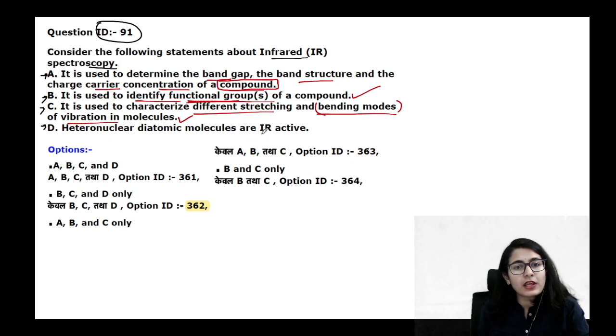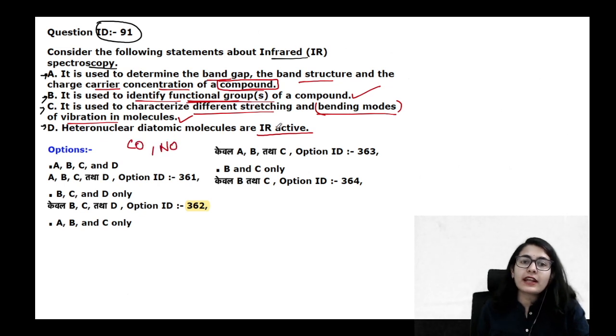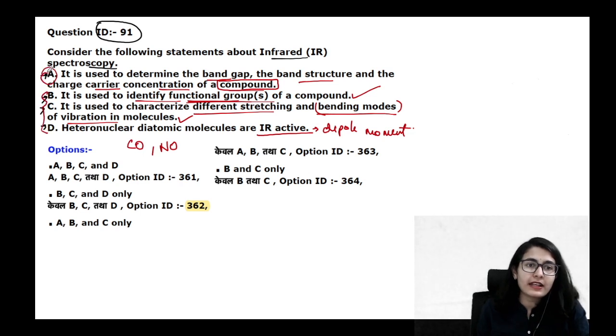Heteronuclear diatomic molecules are IR active, molecules like CO, like NO. They are IR active because they have a dipole moment. So A is incorrect and that is the correct option. B, C and D are correct.